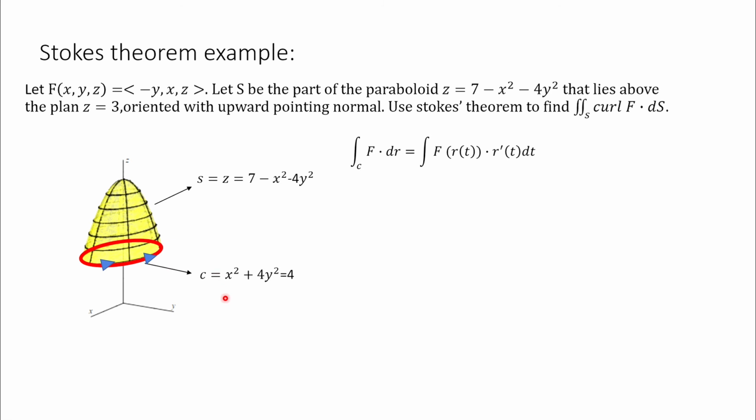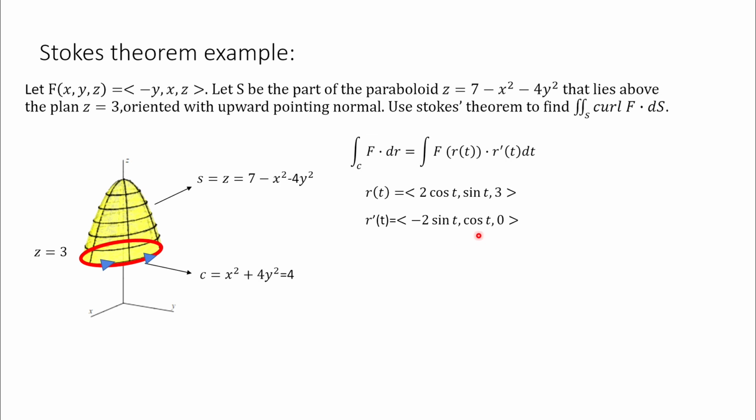So the circle is x squared plus 4y squared equal to 4. z is given, which is 3 here. So the parametric equation for the circle is r(t) equal to 2 cos t, sin t, and 3. 3 is given. So we need to find r prime, which is negative 2 sin t, cos t, and 0.